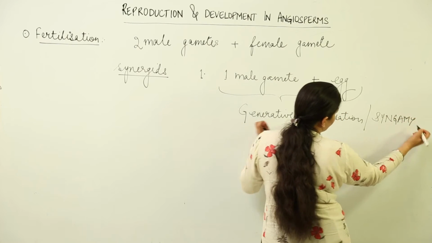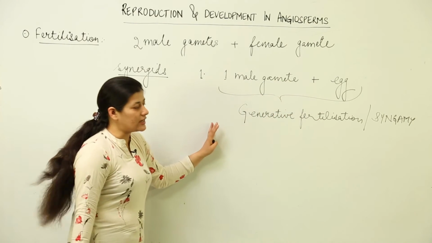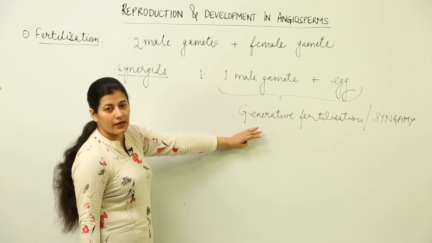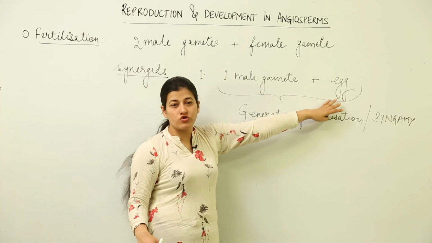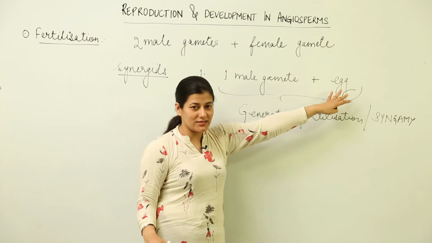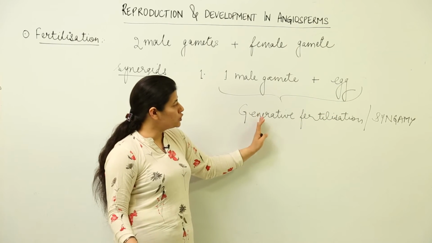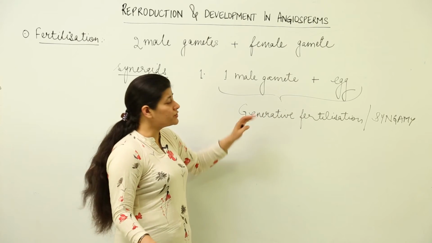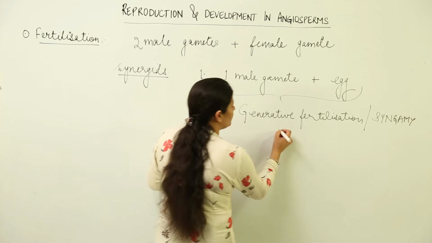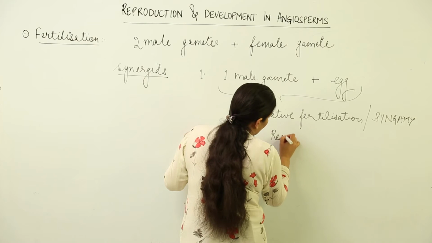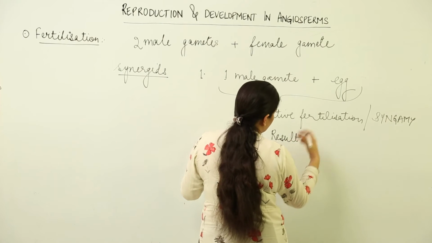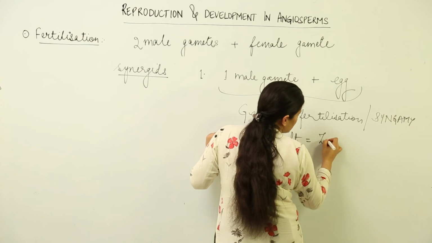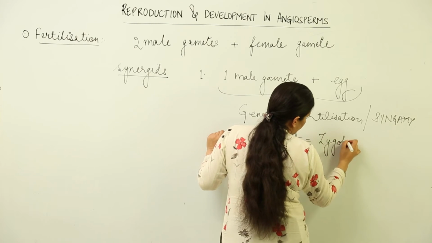So here we have the first male gamete out of the two undergoing a fusion with the actual female gamete, that is the egg, resulting in a zygote, which would later on develop into an embryo that we study as post-fertilization changes. We get a zygote.